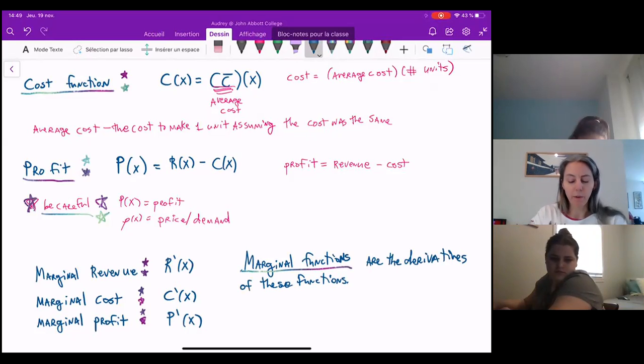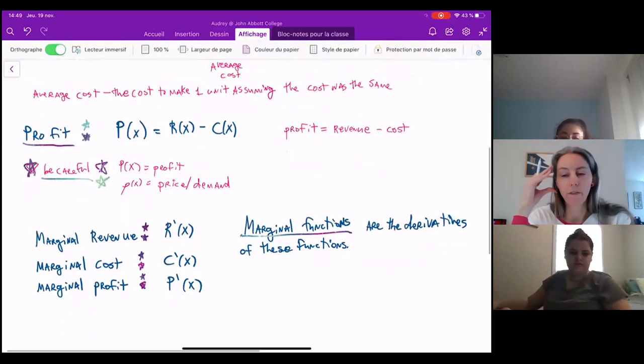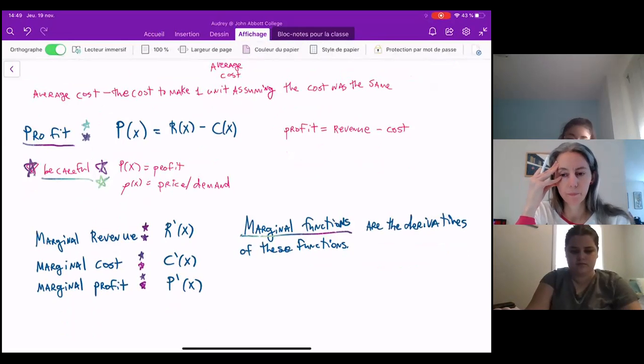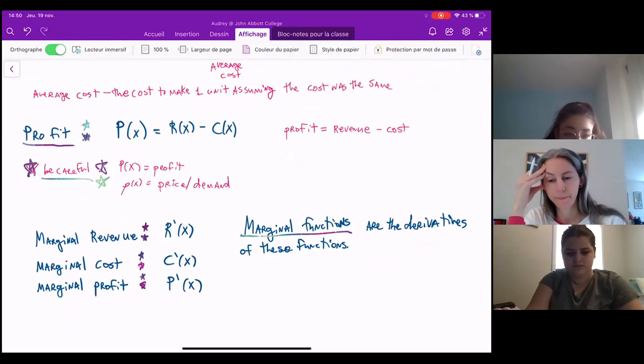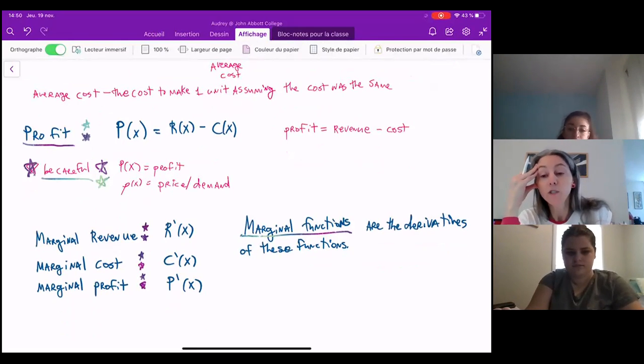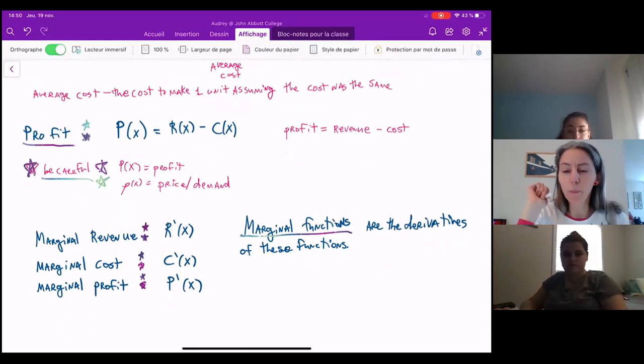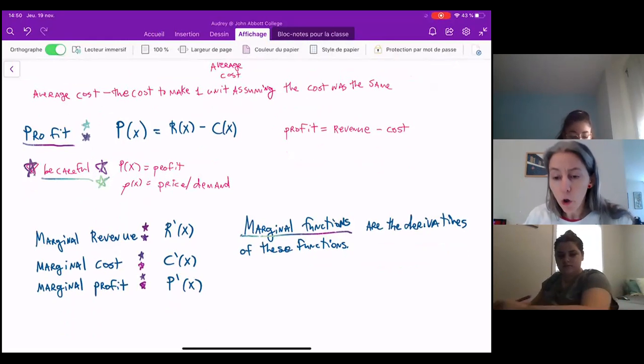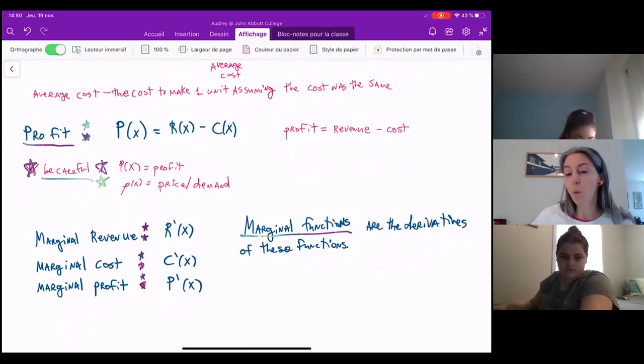What does the derivative represent again? What does the derivative tell me about a function? It tells me the slope. Good job. The slope of the tangent line. And the slope, remember, is the change in y over change in x. So the slope is the rate of change.